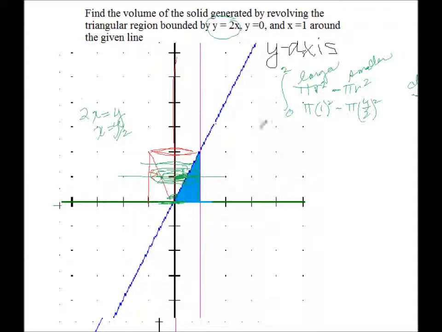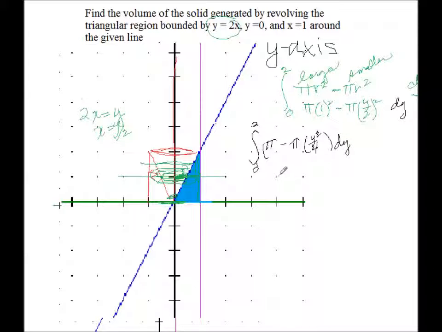So let's see if we can clean that up a bit. This is going to be the integral from 0 to 2 of pi minus pi times y squared over 4, dy.